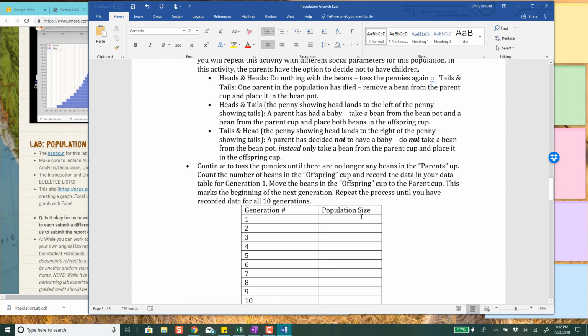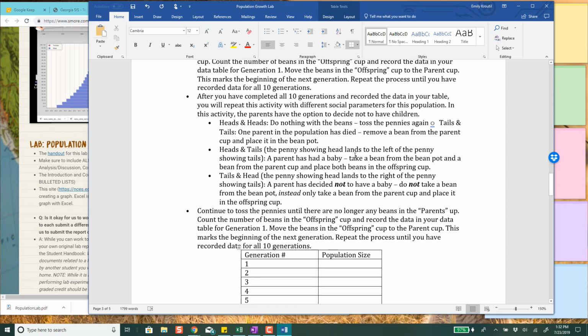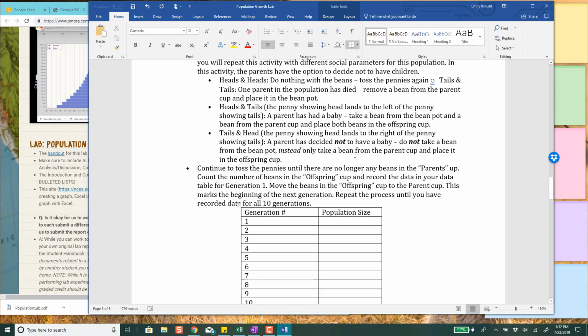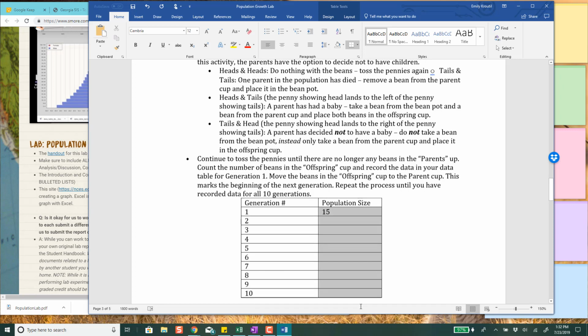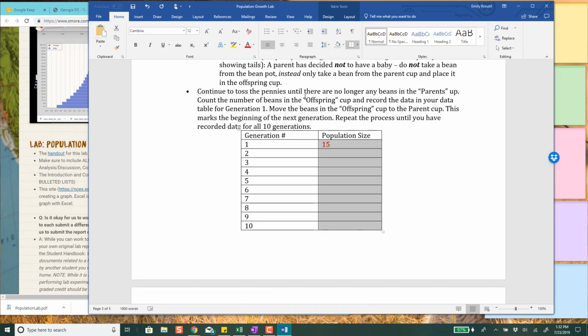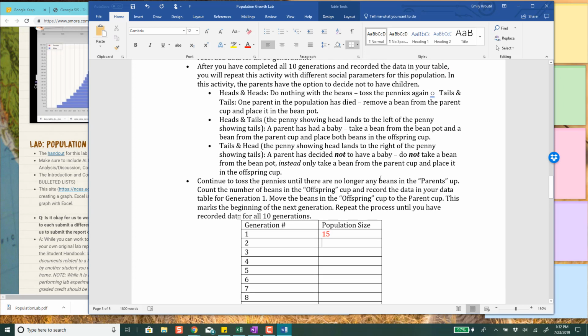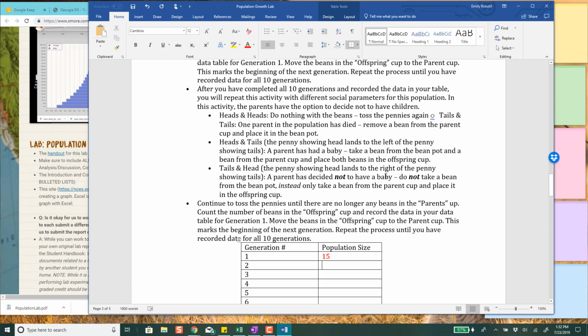So let's say for generation 1, you had, let's say, 15 beans. We're going to take those 15 beans and put them back in the parent cup, and we're going to start over again. Then we'll have data for 10 generations.